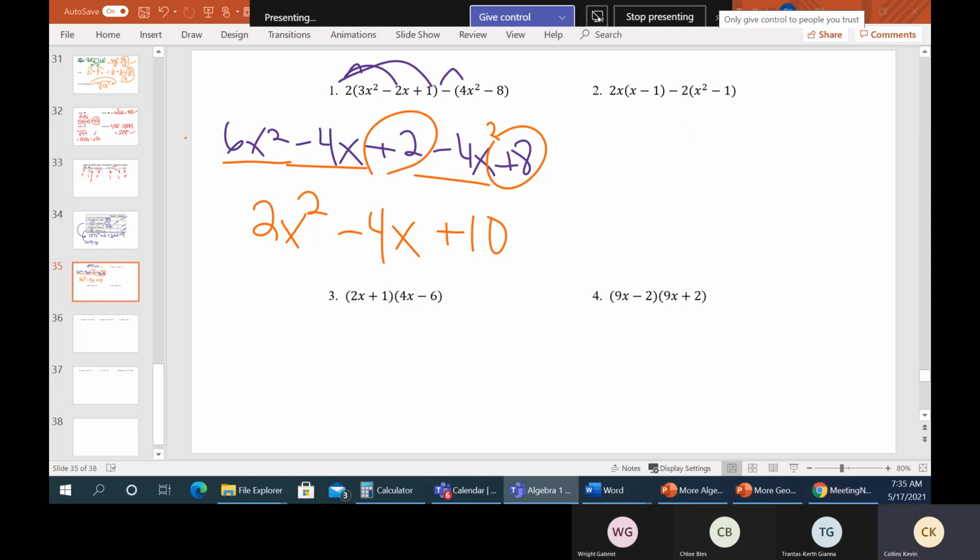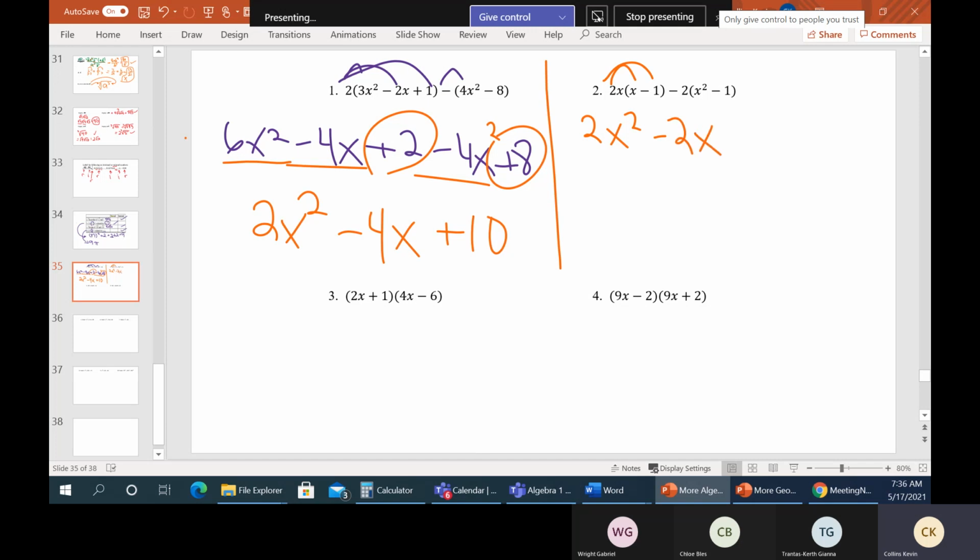Okay, so this one's pretty similar, right? Except this one we got to multiply in two different spots, right? So we start here. We got 2 times 1 is 2, right? X times x is x squared, right? And we do 2x times minus 1, that's going to be negative 2x, right?